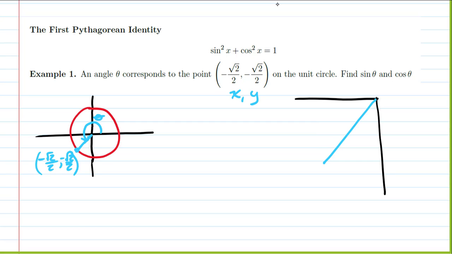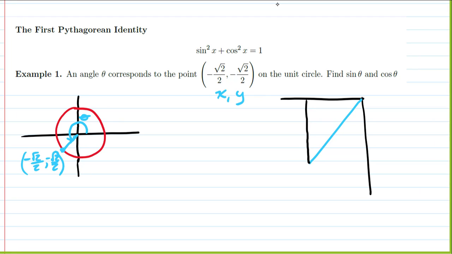And let's go ahead and zoom in on it a little bit. So then if I were to drop a perpendicular to this point right here, I can figure out my coordinates. So here's my coordinate out here, -√2 over 2 and -√2 over 2.